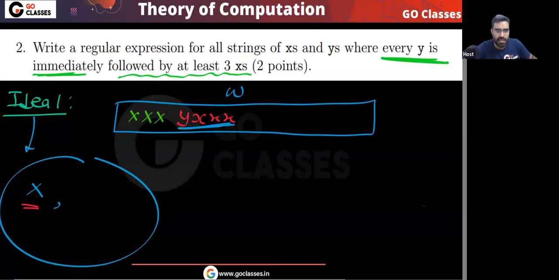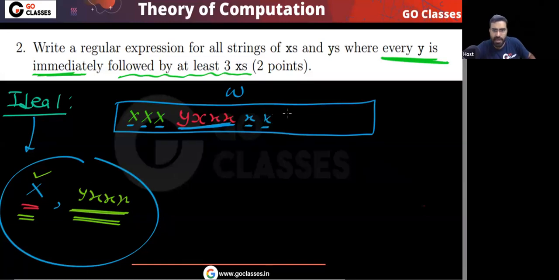So I can say that these three people... ultimately I am saying that these two people will repeat in your string. Do you agree with me that in your string these two people will keep repeating? You can notice these two people will keep repeating.